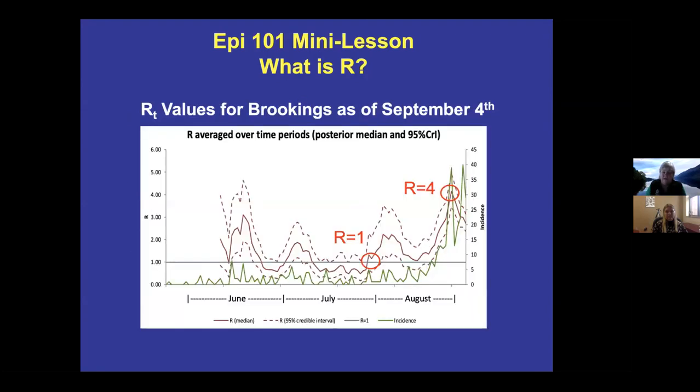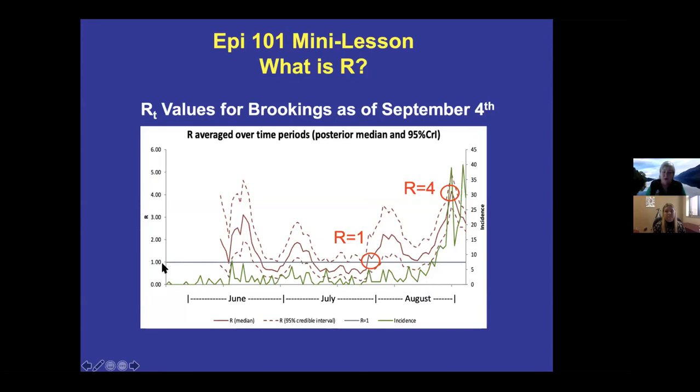And we'll go back to that graph I had up in the beginning. These are the actual R values for Brookings as of September 4th. September 4th is over here on the far right. And I just want to talk a little bit about these axes. The axis over here on the left is the R value.